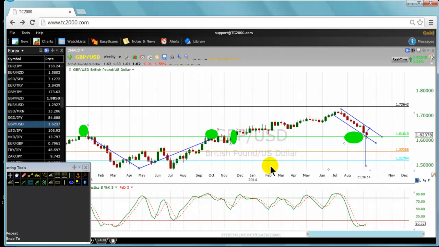So if Scotland votes yes, and we have more bearish data for the UK economy, the pound will continue to go down. The greediest target is 151.79, all right? It makes sense?